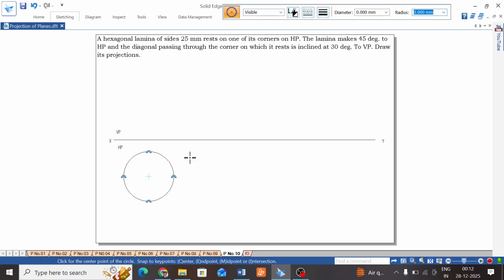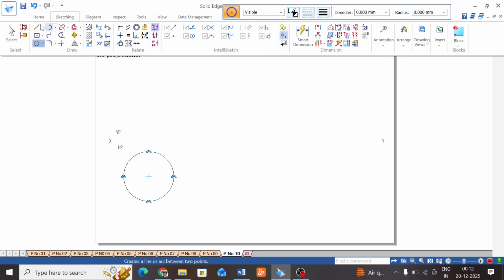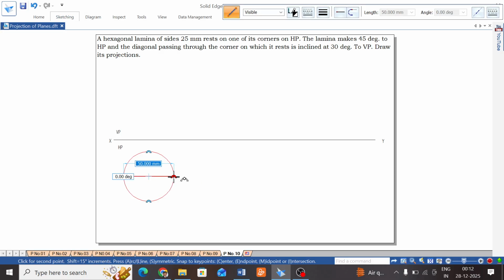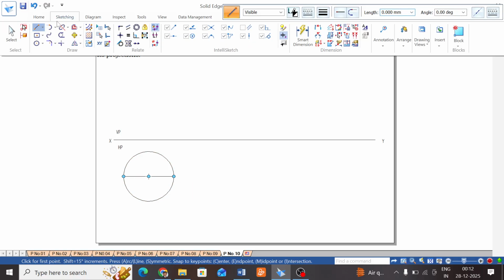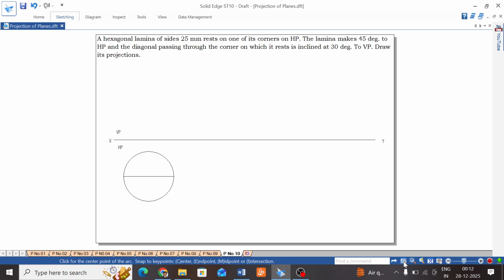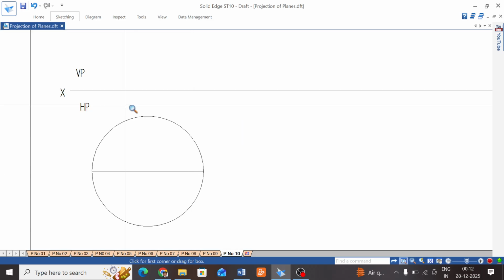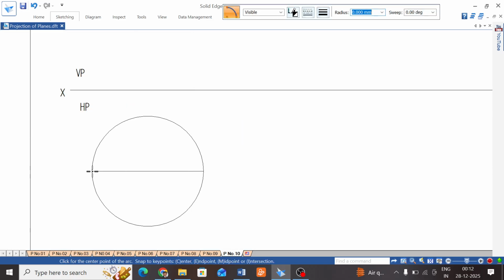Then next, draw a horizontal line for the corner case problem. Then take a compass from this corner to 25 mm radius.